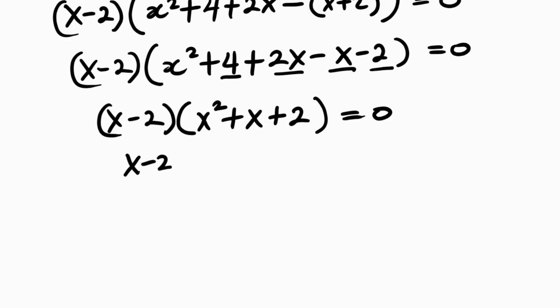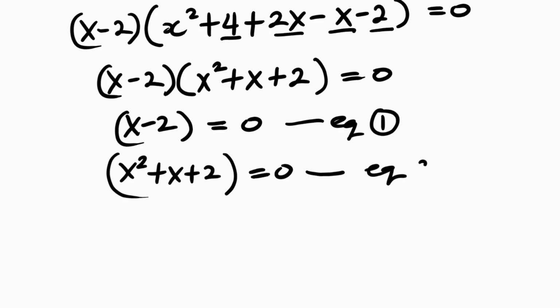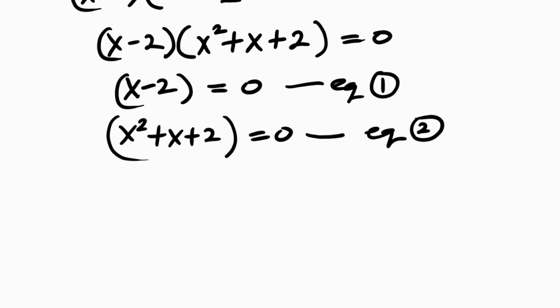So we have x minus 2 equals 0, and that's equation 1. And then we have x^2 plus x plus 2 equals 0, equation 2. So for the first one, x minus 2 is equal to 0. Therefore, x is equal to 2.